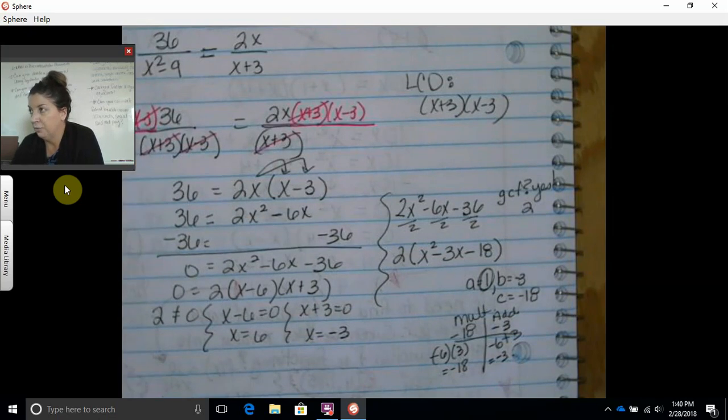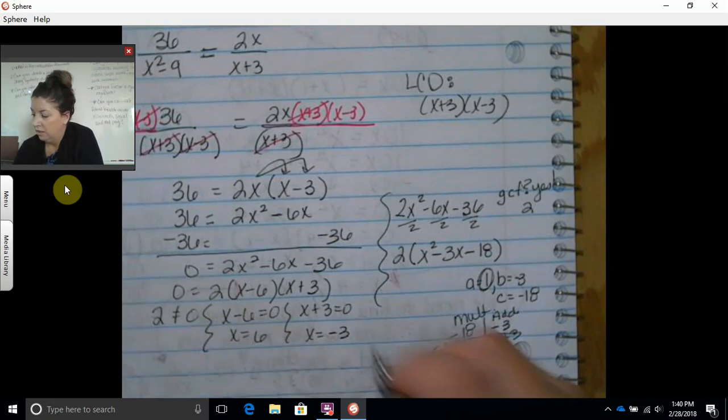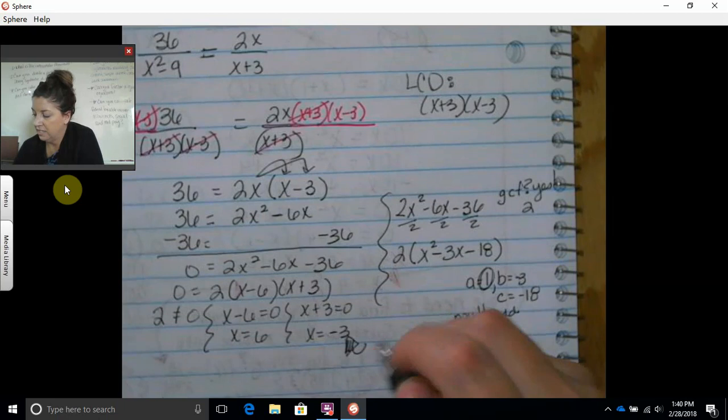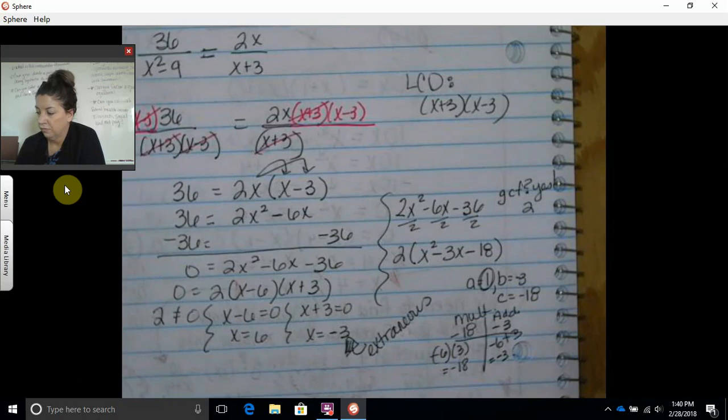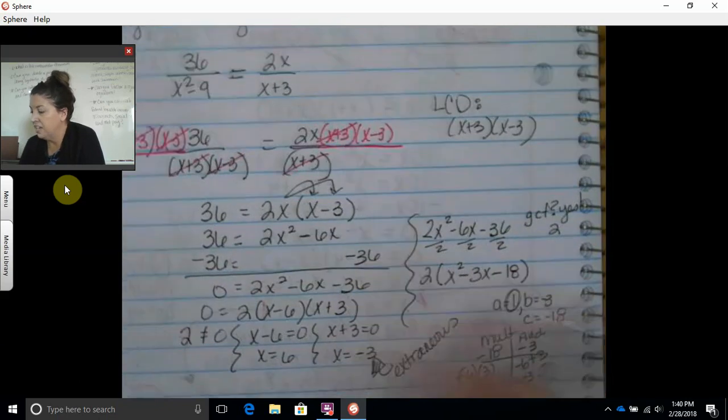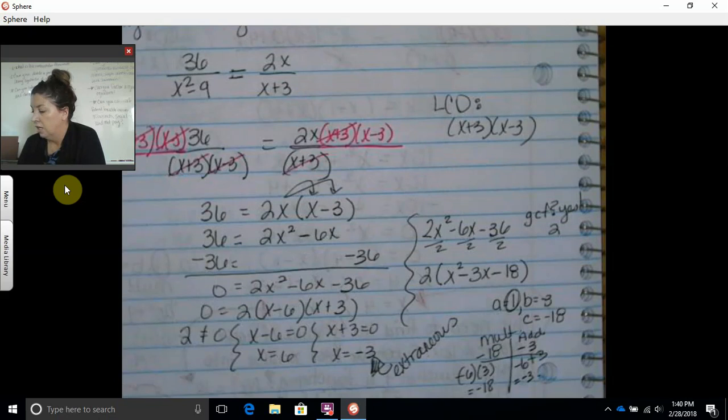So, is negative 3 a solution? Do I need to find its corresponding y value? No. This is extraneous. I'm sorry? No. That could have been a negative 10. So the only thing I have to find the corresponding y value for is when x equals 6.